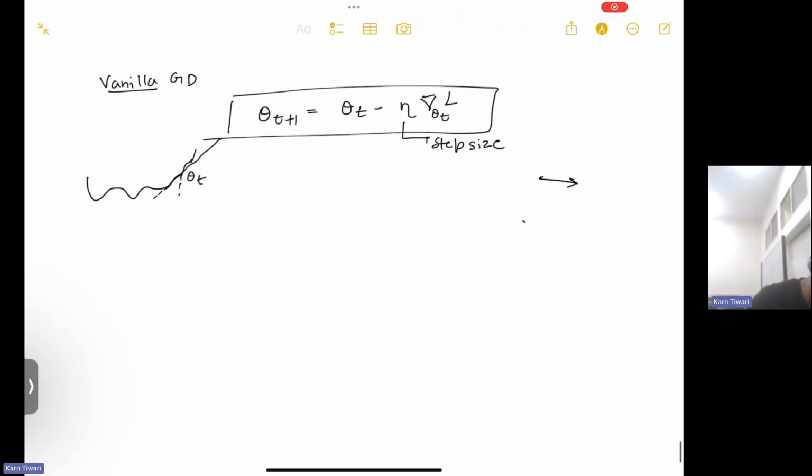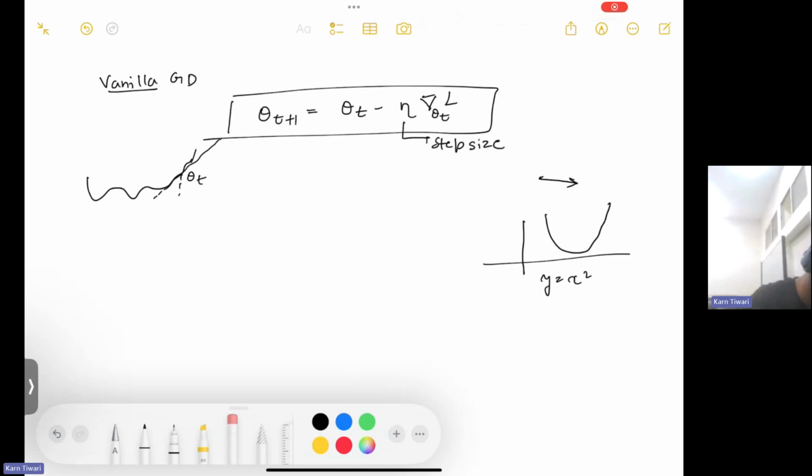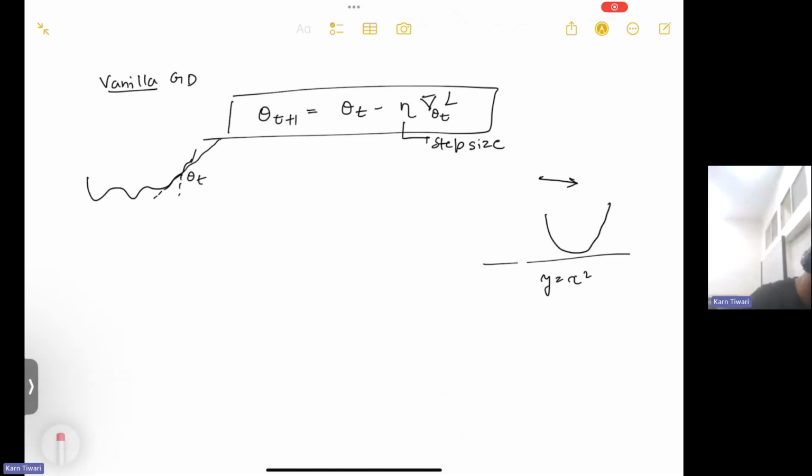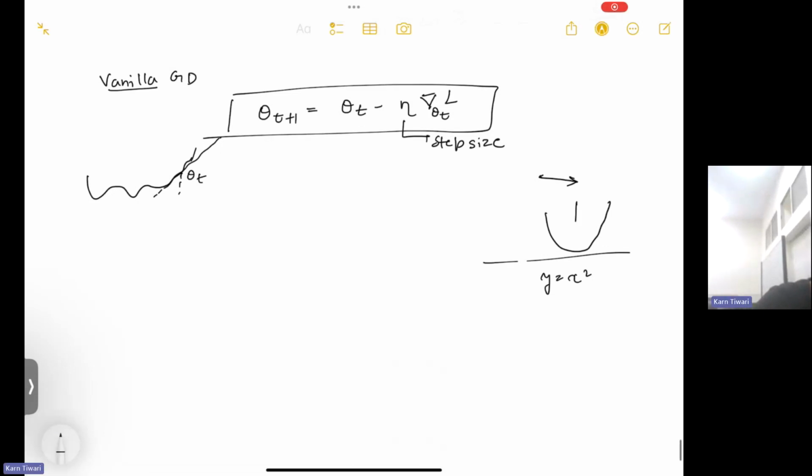A more common example will be something like this. We have y equal to x square. Let's take 0 as the origin, as it will be easier. Now we know that dy by dx is equal to 2x.